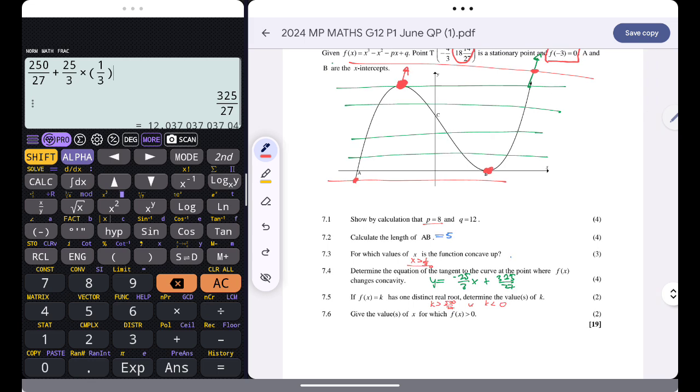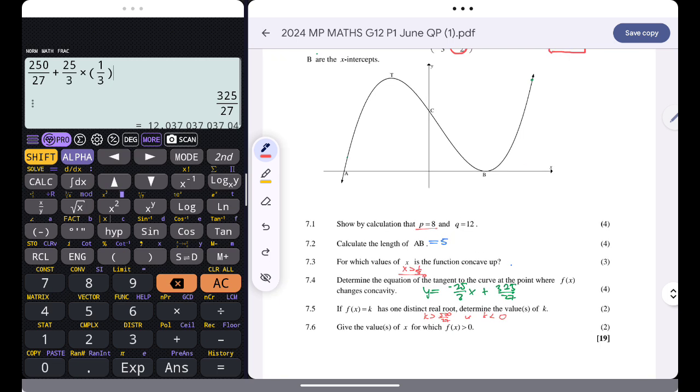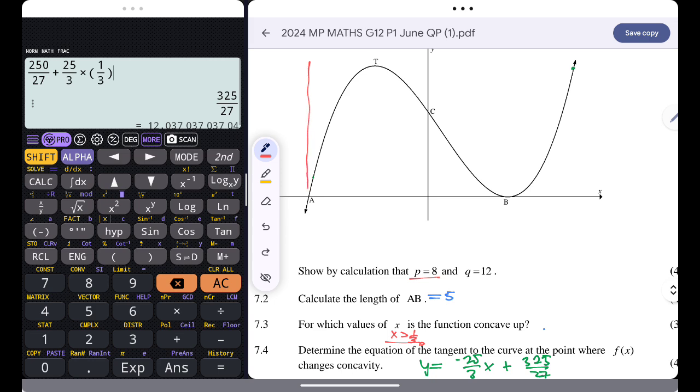Okay, now I'm looking for the values of x for which f of x is positive, for which f of x is greater than 0. f of x, guys, will be greater than 0 if and only if my graph is above the x-axis. If I check here, from the right-hand side of A, my graph will be forever above the x-axis. The only difference will be whenever my graph reaches point B. Are you together?